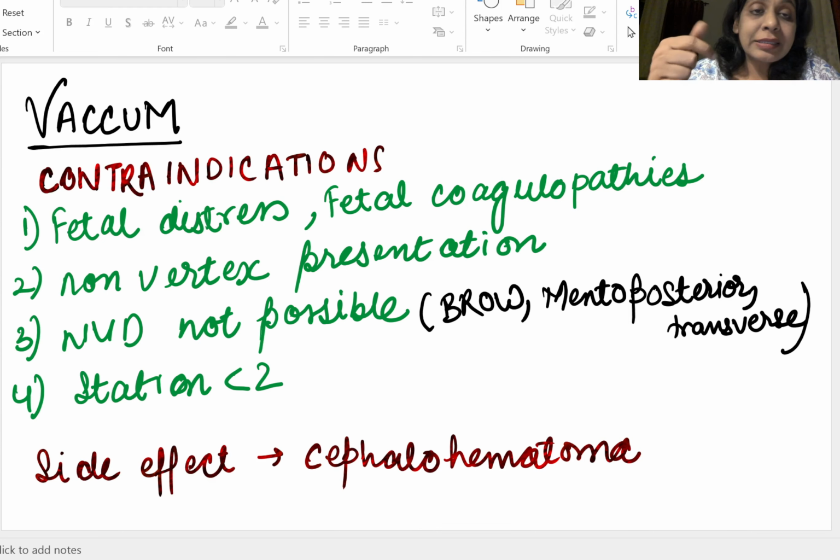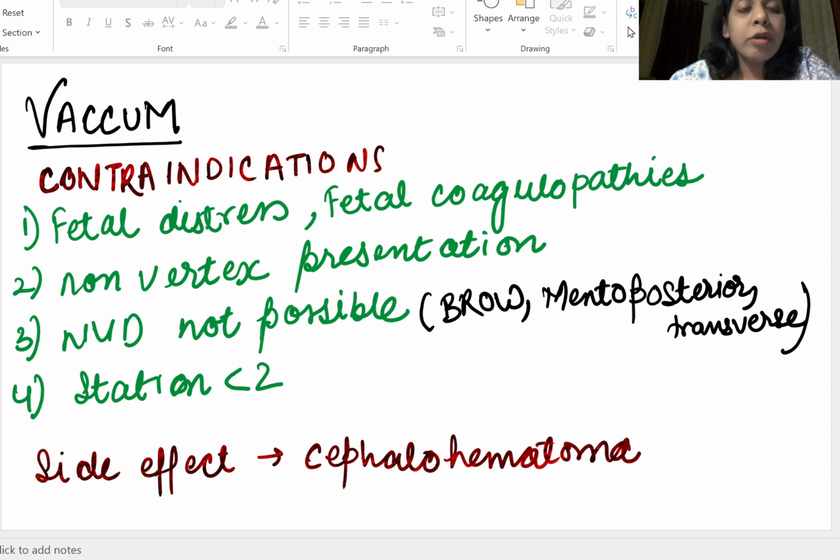The first two are contraindications of vacuum and are indications of forceps. Since vacuum already causes a lot of fetal injuries, it is not given in fetal distress.